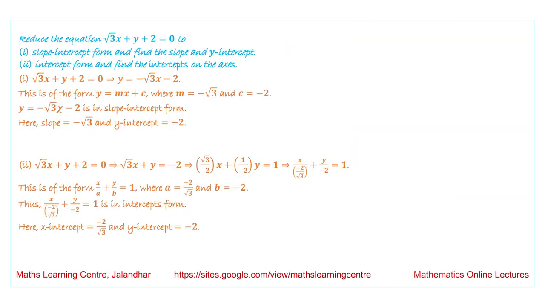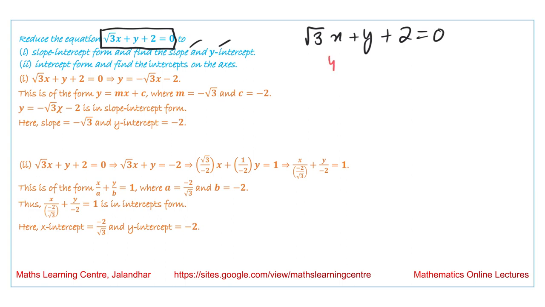So based upon this we have the following problem. Reduce this equation to the slope intercept form and find the slope and the y intercept. So the equation is root 3x plus y plus 2 is equal to 0. Slope intercept form we know is y is equal to mx plus c. So this equation can be written in the form y is equal to minus root 3x minus 2.